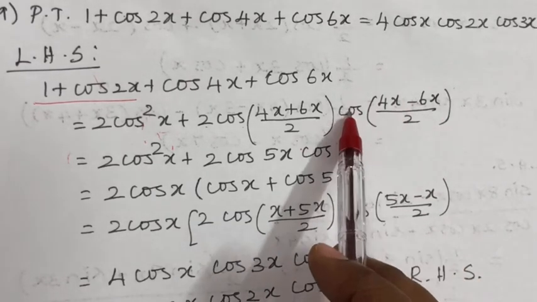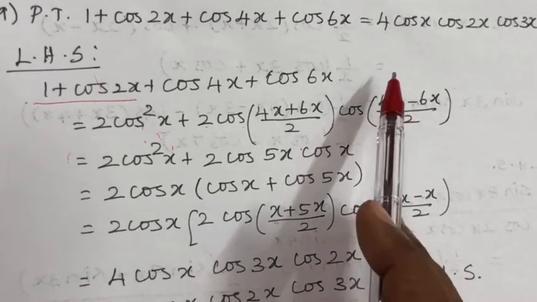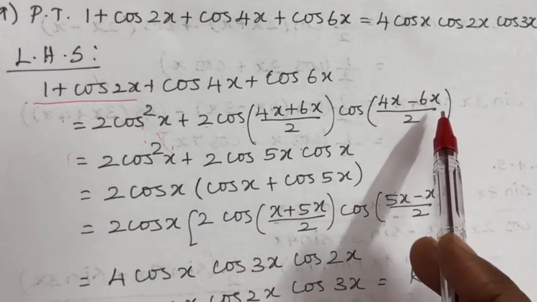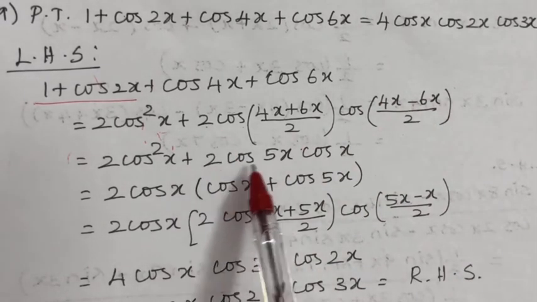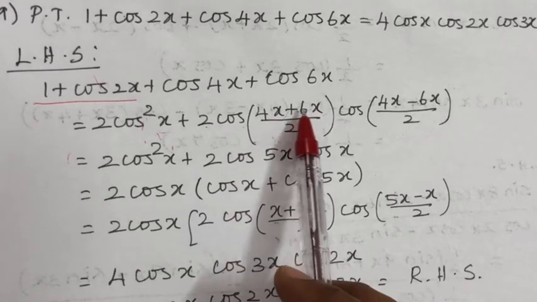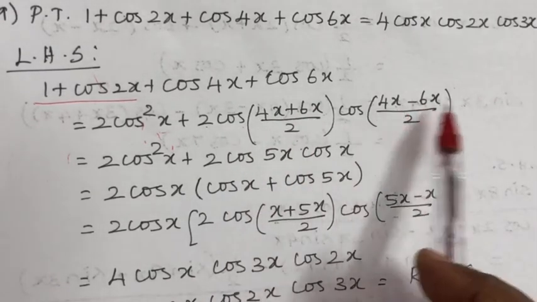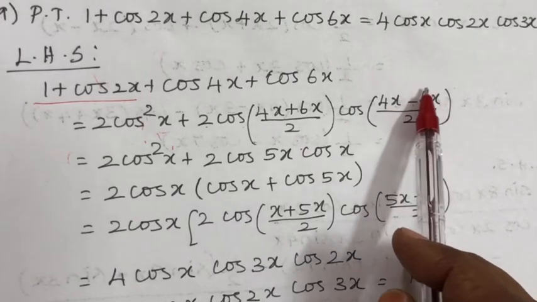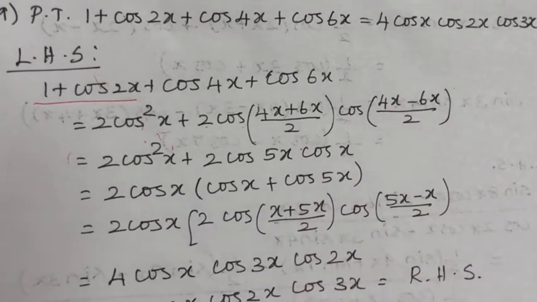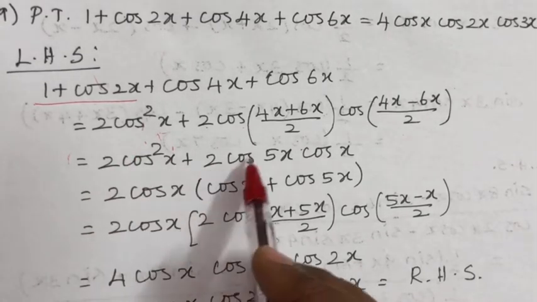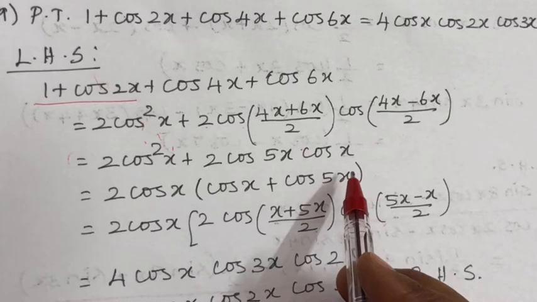With the minus, cos will absorb it, isn't it? So we can write 6x minus 4x by 2 like that also. So 2 cos, 4x plus 6x is 10x, 10x divided by 2 is 5x. Here after subtracting you get 2x, 2x by 2, it is cos x. Okay, so 2 cos square x plus 2 cos 5x into cos x.